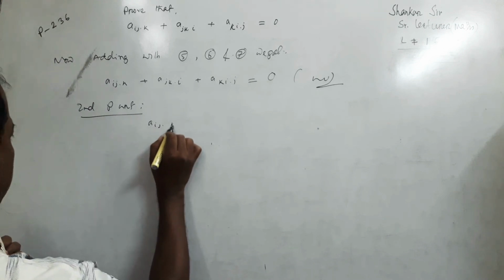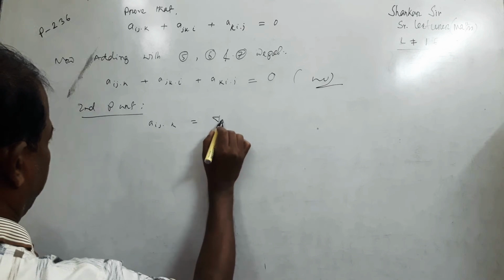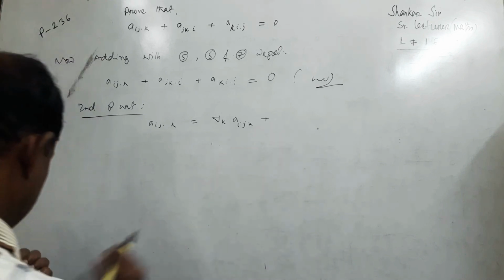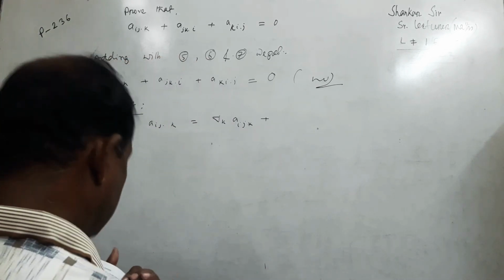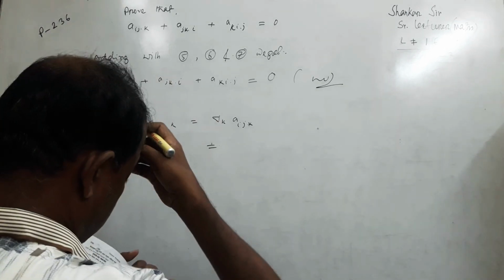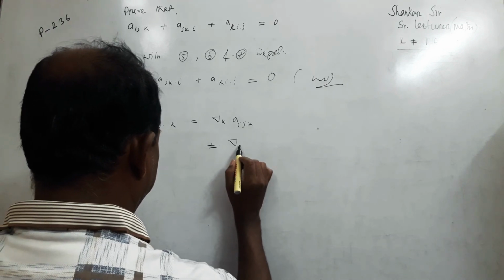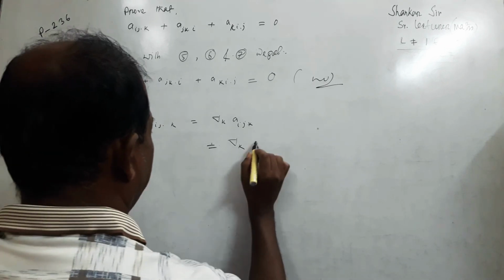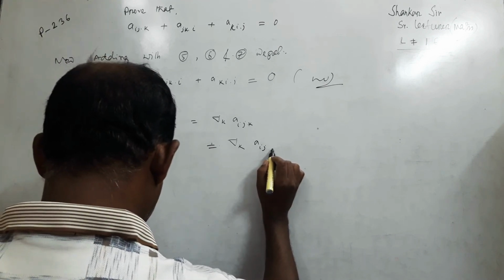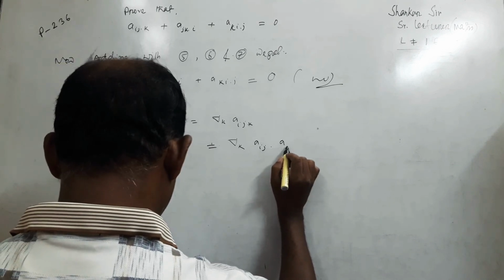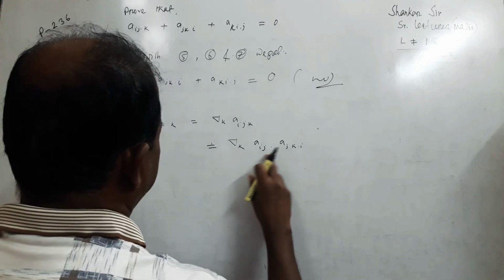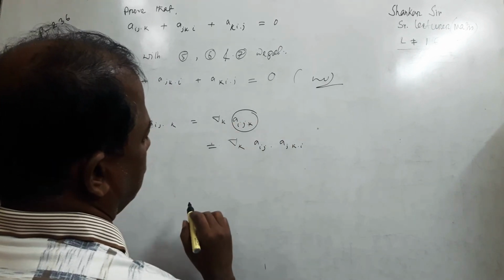a i j comma k equal to derivative of k a i j, plus a j k and i j, these are the rules.